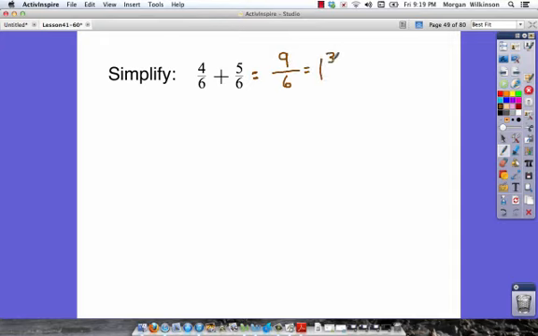And 3/6, if we divide both of those numbers by 3, 3/6 divided by 3 over 3 must be equal to 1/2. So we'd have, pardon me, an answer of 1 1/2. And we're all done. Go ahead and get those notes copied down while I get my voice back.